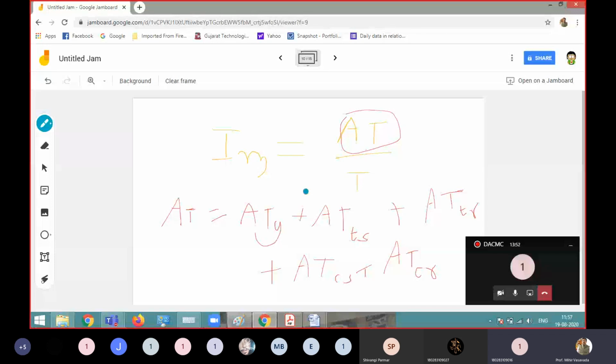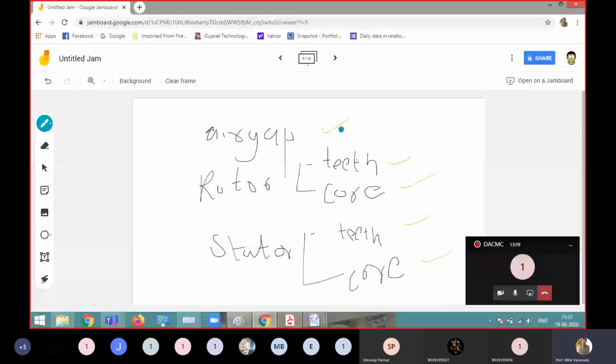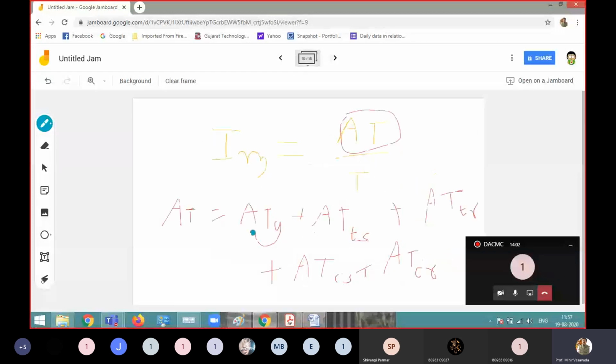Yes, sir. Okay. So you've seen that the magnetizing current is made of these 5 parts. You add the ampere turns for air gap, stator teeth, rotor teeth, stator core, and rotor core, and divide the total ampere turn, AT60, by T to get the magnetizing current.